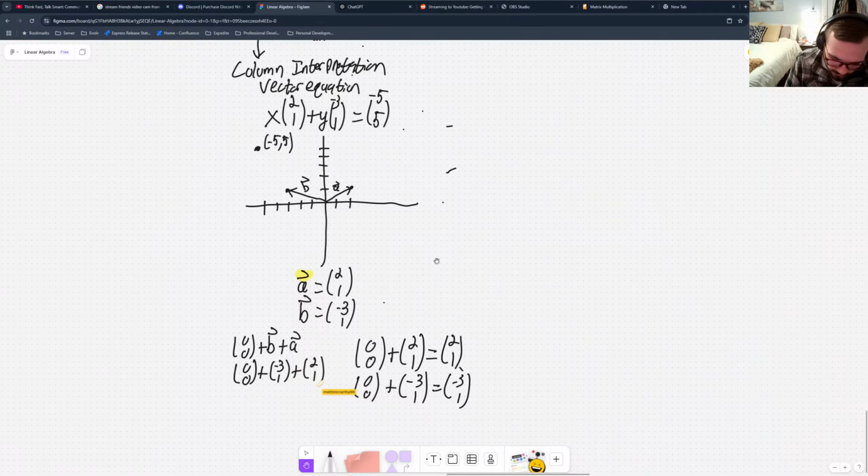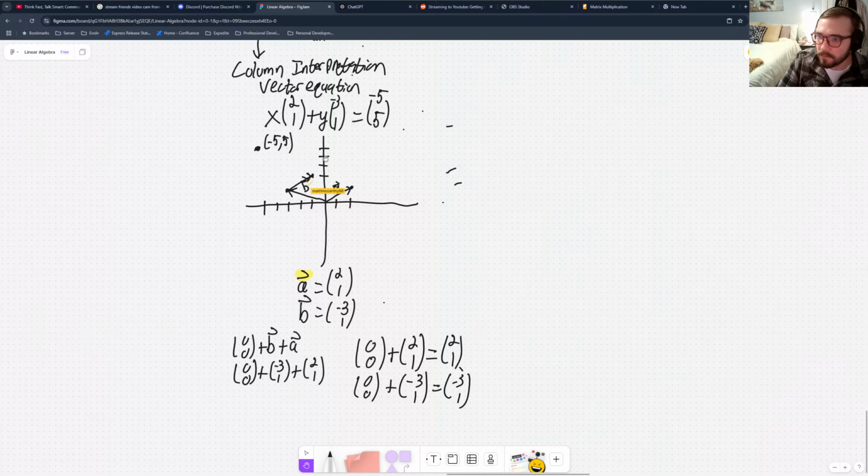The way that would look is we would start at where B ends, and then 1, 2, 1, and we would end up here.